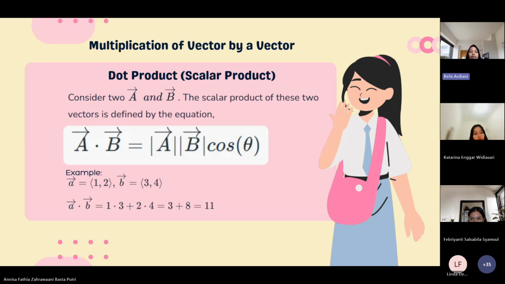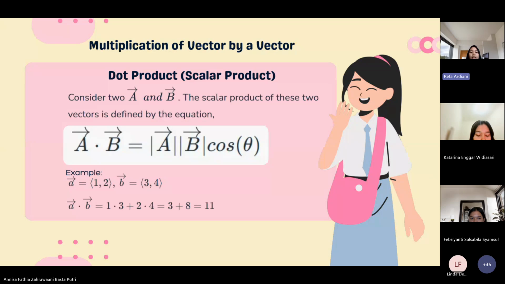Okay, we talk about vector multiplication with a vector. There are two types. The first one is dot product or scalar product. The dot product is a way of measuring how closely two vectors point in the same direction. Unlike the cross product, the result of a dot product is a scalar value, which means it is just a number and does not have a direction.